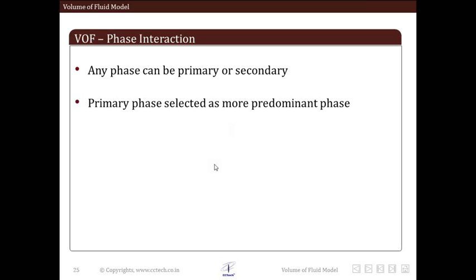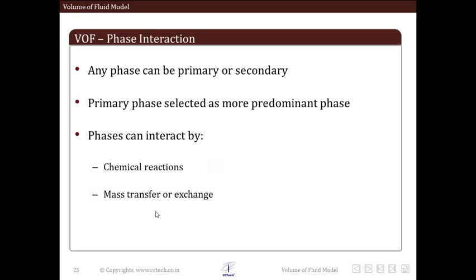Once we have defined the phases in our problem, these phases can interact with each other in various ways. Depending upon the physics involved, phases can interact either by having a chemical reaction, or mass transfer or mass exchange, and surface tension effects. These three are the most important in the VOF model.